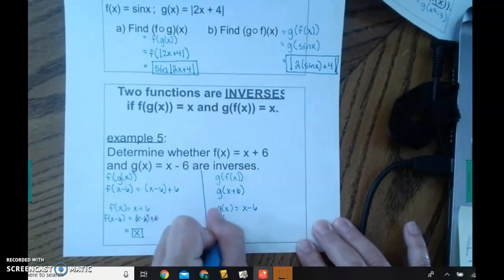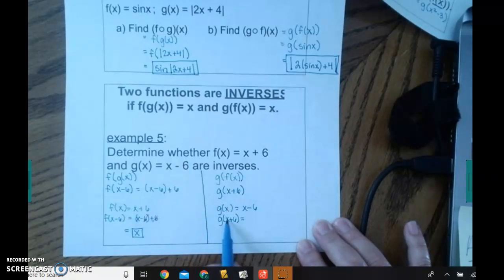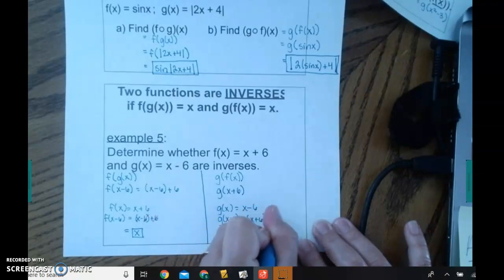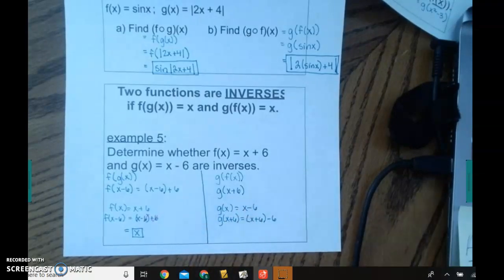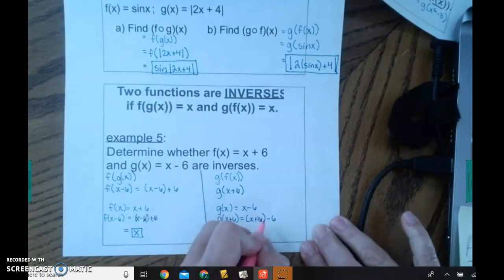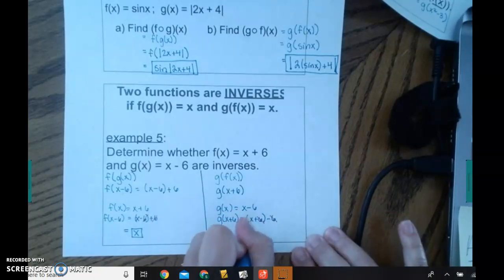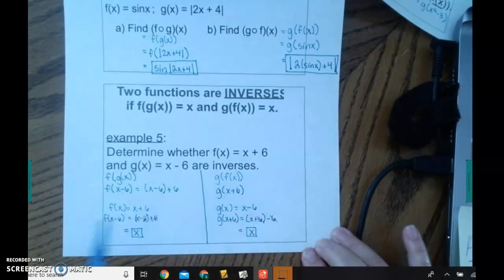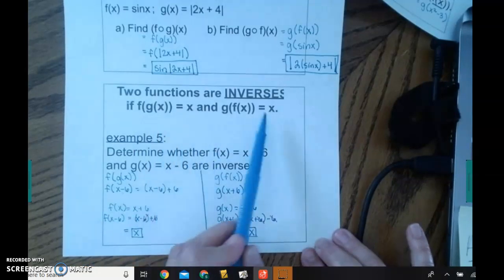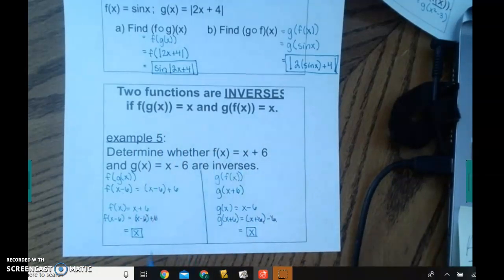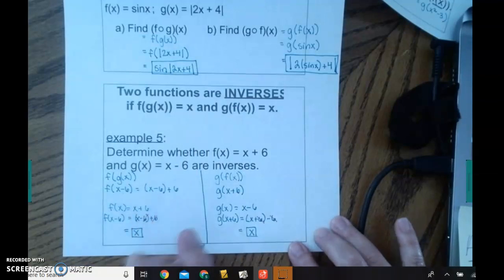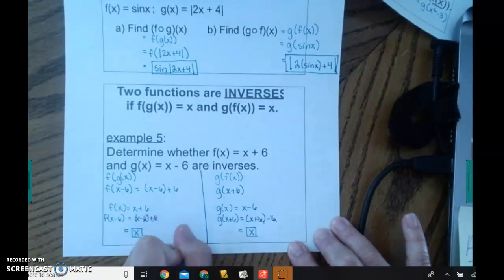If I'm looking for g of x plus 6, x plus 6 replaces the x, so we're going to replace the x here. And you can tell we got that positive 6 and negative 6 again. They're going to cancel each other out, so we're left with x. If both equal x, and they do, they are inverses of each other. So these are inverses.